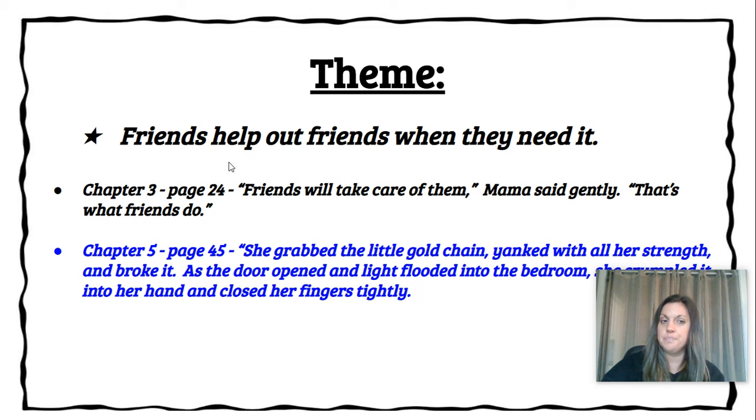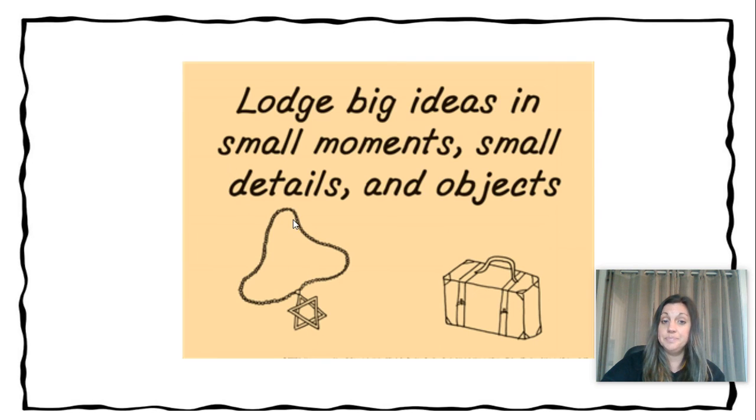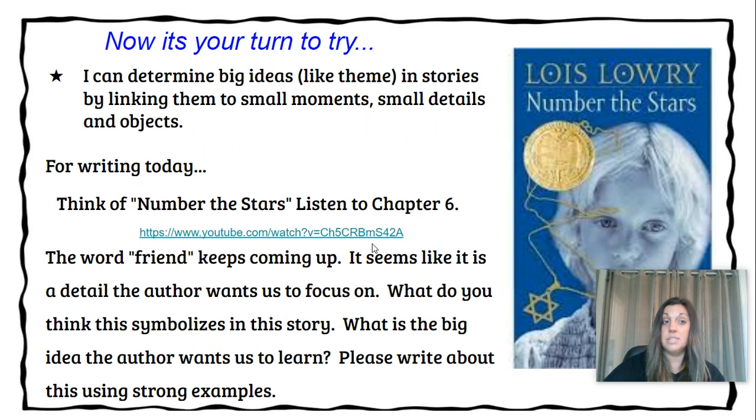So today, I want you to really think about, when you are reading, that big ideas come from these small moments, these small details, these small objects. I want you to think about today, as you are reading your own fiction stories, if there are any small details, any objects that are repeated, maybe even phrases that are repeated.